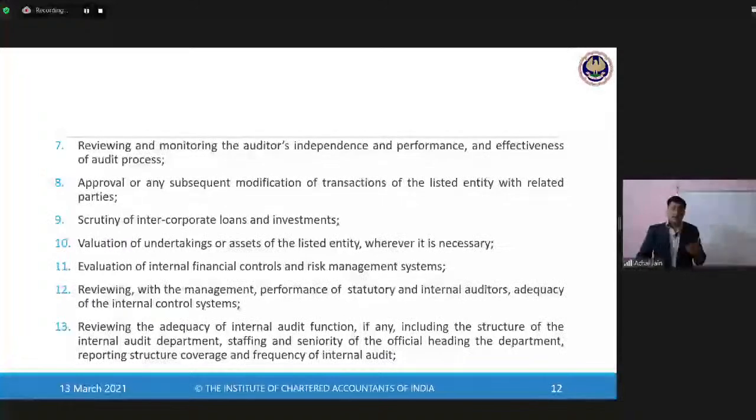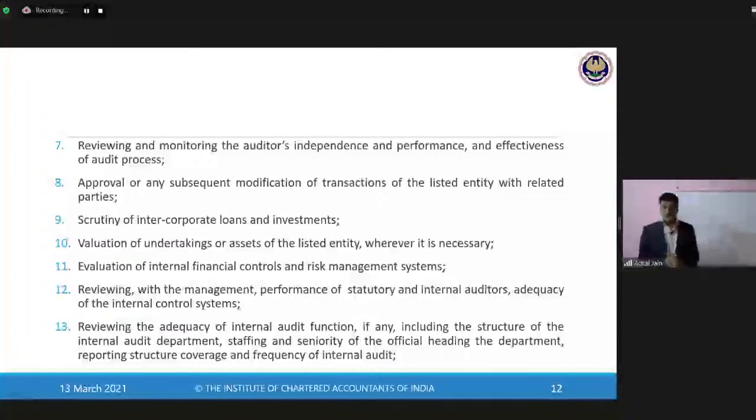So once again, when it comes to the approval of transactions with the related parties, a pre-approval is required to be obtained, and this approval has to be from the audit committee. Scrutiny of intercorporate loans and investments, valuation of undertakings, evaluation of internal financial controls, another very, very important area from a financial perspective, and the risk management systems.